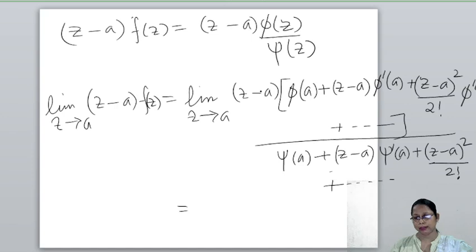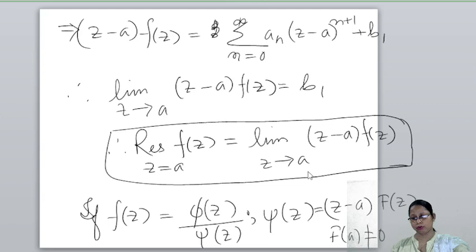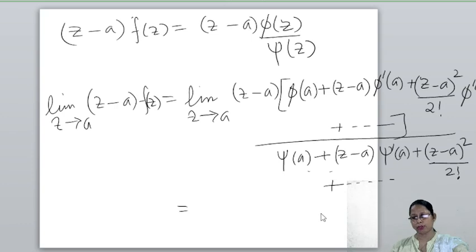If we put z equal to a, psi(a) will be 0, since a minus a is 0. So psi(a) is 0, and this is of the indeterminate form.